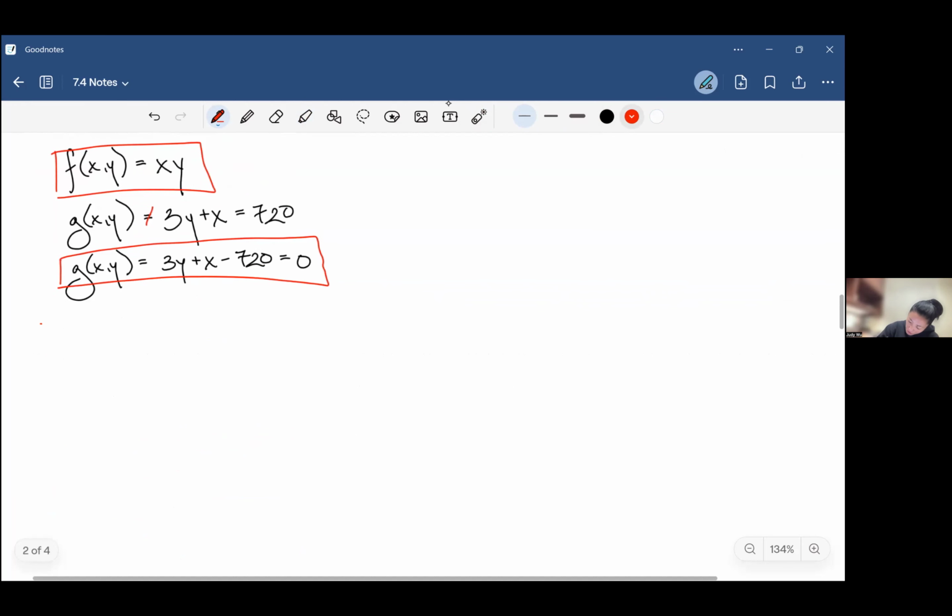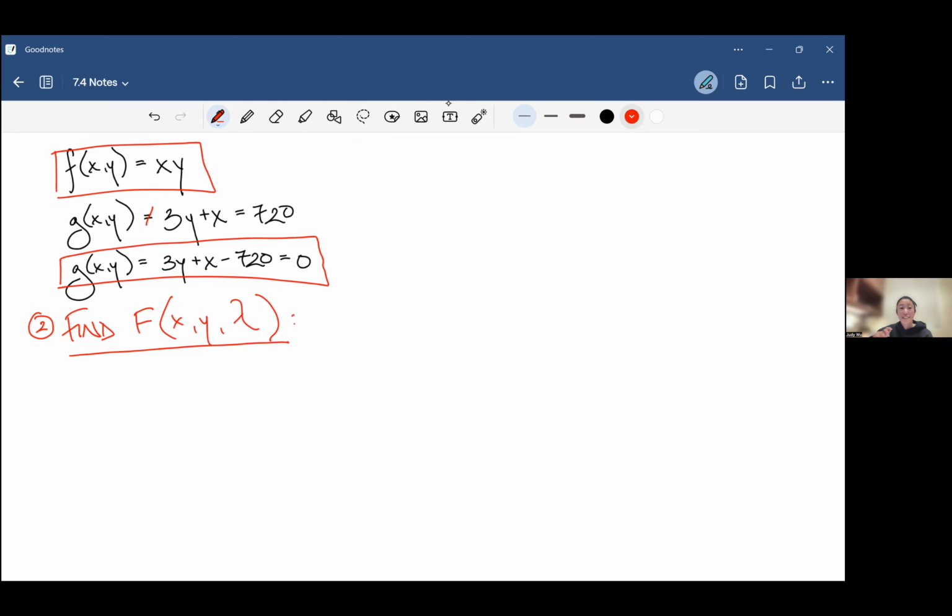So, step 2, let's find our F of x, y, lambda. That's a capital letter F, so it's important that we distinguish this in our brains. I'm going to copy down that formula, F of xy lambda equals f of xy, lowercase f of xy, plus lambda g of xy.